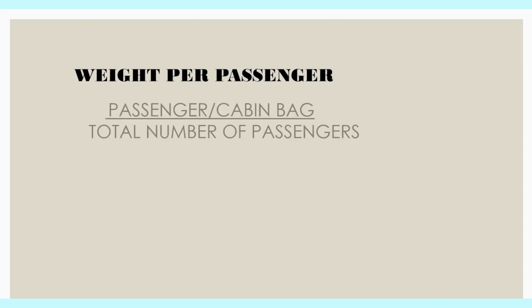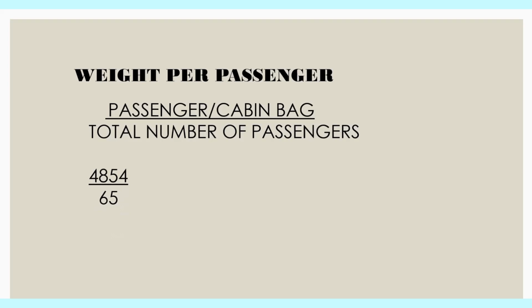Simple mathematics, obviously, which most of you would be aware of. So weight of passenger, basically you take the passenger cabin baggage line and you divide that by total number of passengers. So in our example, if you rewind the video until you get the first presentation, the slide that I just put before this one, you will recall that the passenger and cabin baggage total weight was 4854.